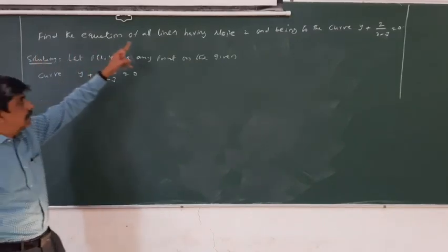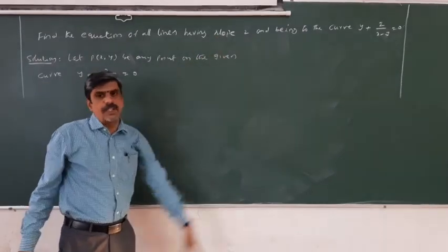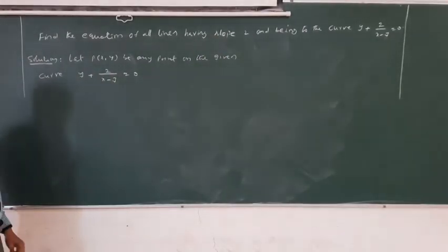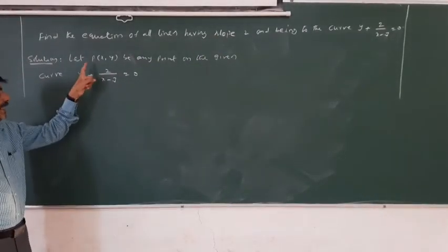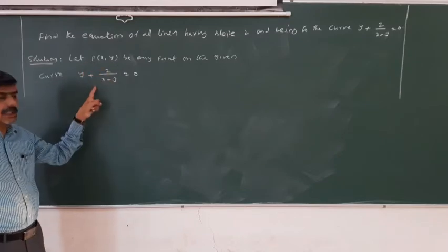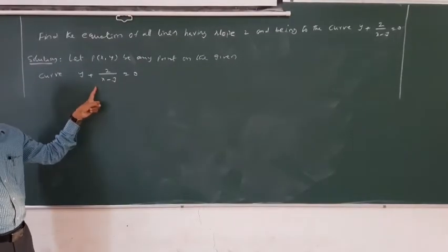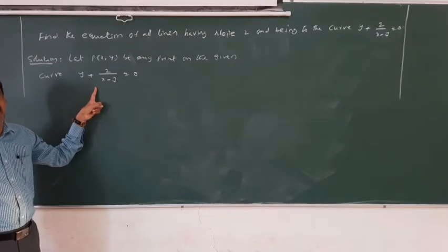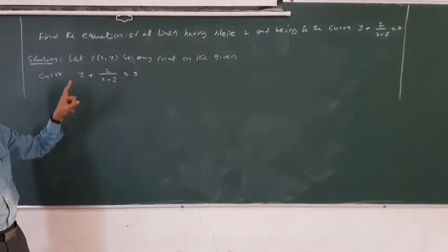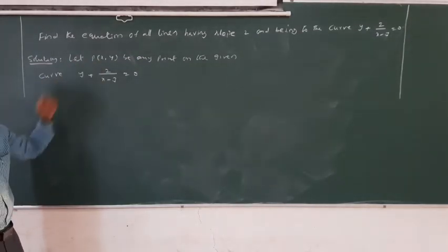So here slope means slope of the tangent. Now we want to find P(x, y), any point on this curve, where dy by dx is called the slope of the tangent, or slope of the curve, at this point.